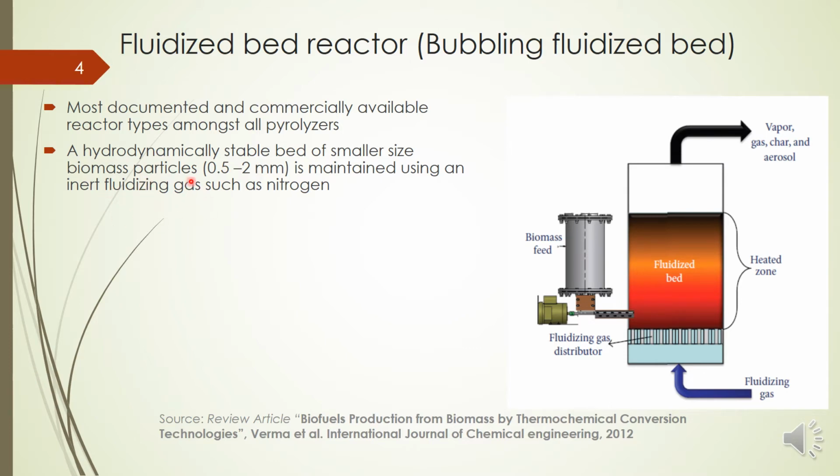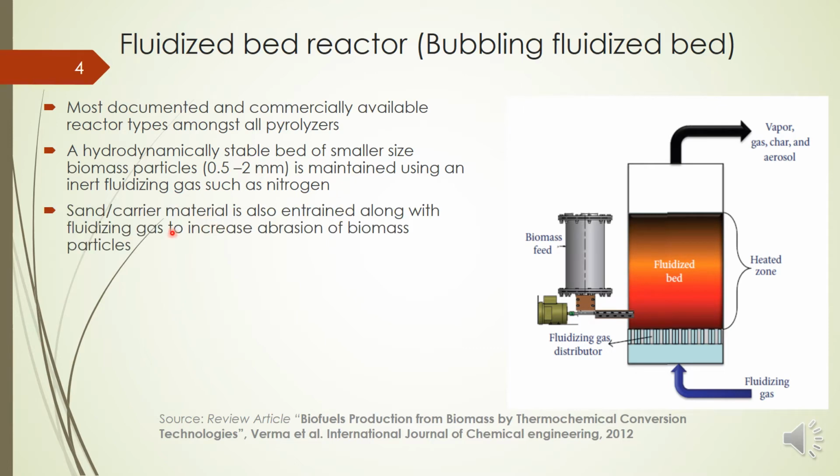The velocity of the inert fluidizing gas is important, and our biomass as well as the bed material will be in a fluidized state with the help of this gas. Another important thing is that this type of reactor is suitable only for biomass particles in the range of 0.5 to 2 millimeter. So a smaller particle size is required for this type of fluidized bed reactor.